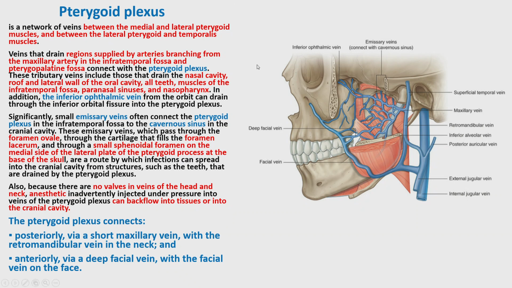If you want to imagine it, the pterygoid venous plexus is the equivalent of all the branches of the maxillary artery. In the arterial system they give branches one by one, but in the venous system they don't make branches; together they make a network and plexus, which is called the pterygoid venous plexus.